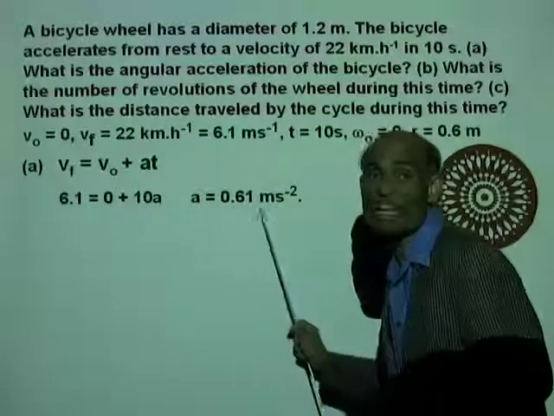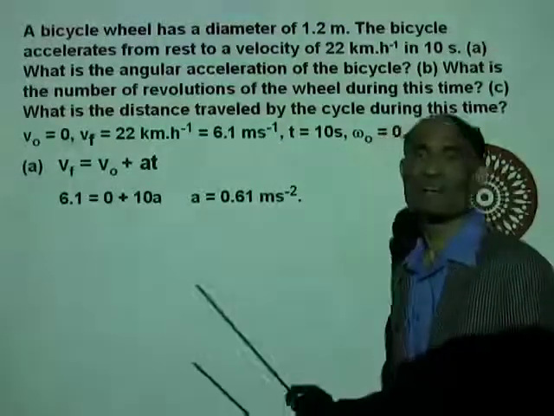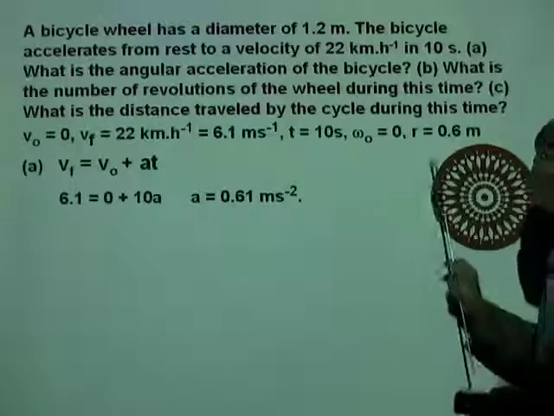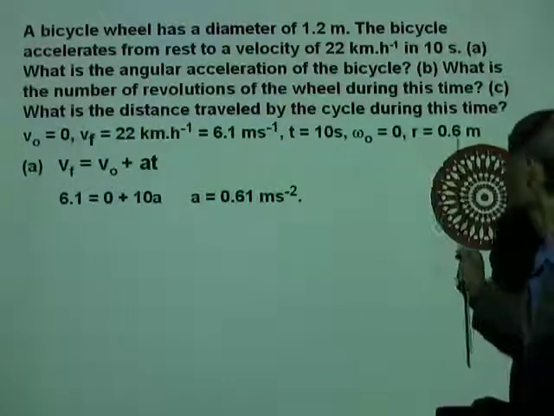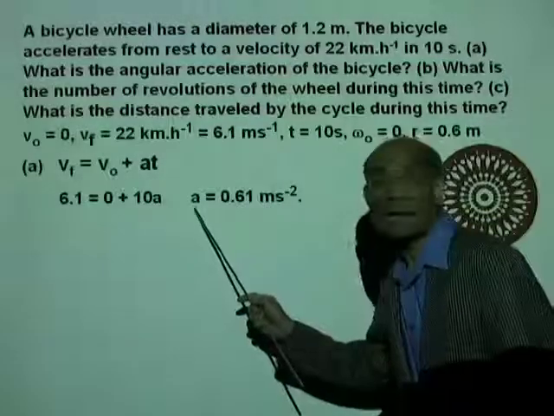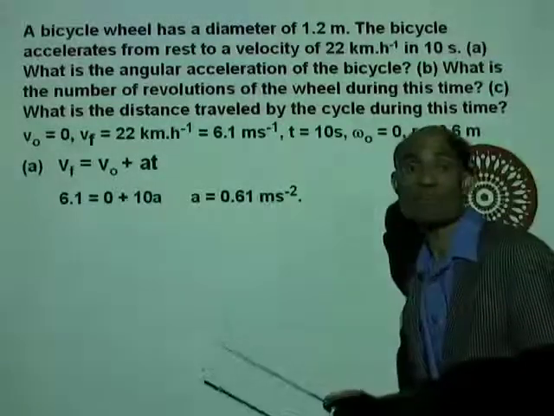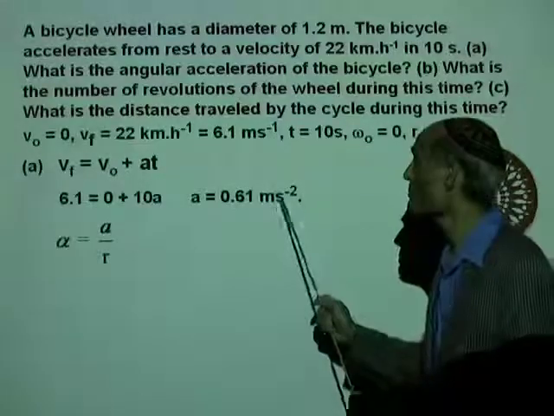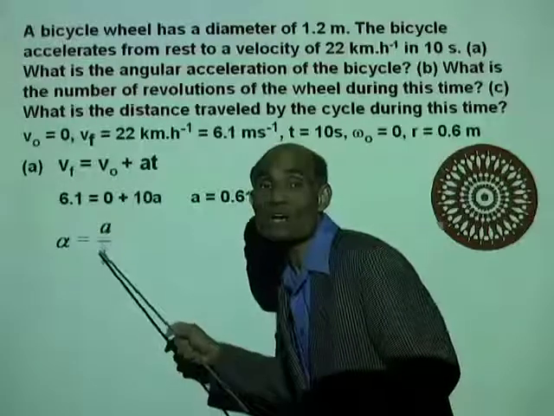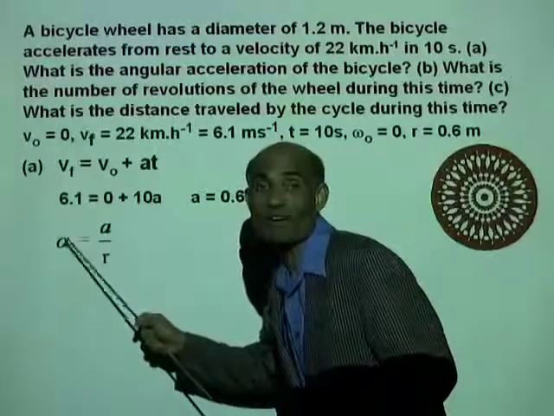If this is the linear acceleration, what is the angular acceleration of the bicycle wheel? The bicycle wheel has a radius of 0.6 meter and the linear acceleration is 0.61 meter per second squared. Remember, a equal to r alpha.